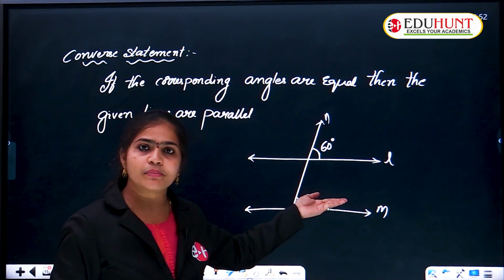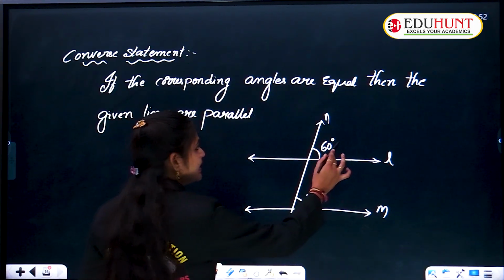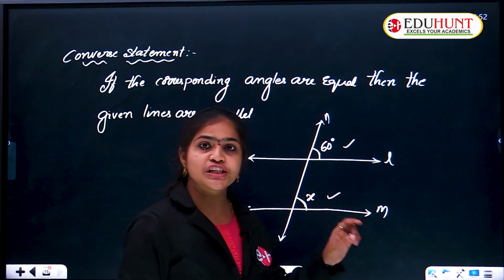Then what is the condition? Corresponding angles are equal. Here these two are corresponding angles. To find corresponding angles, which shape can we observe?